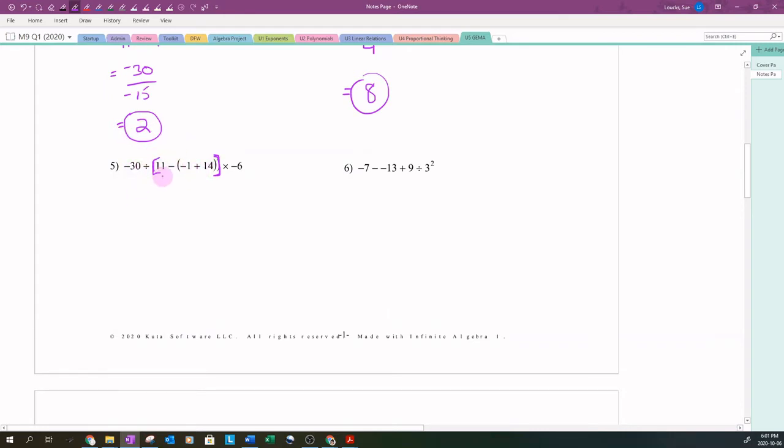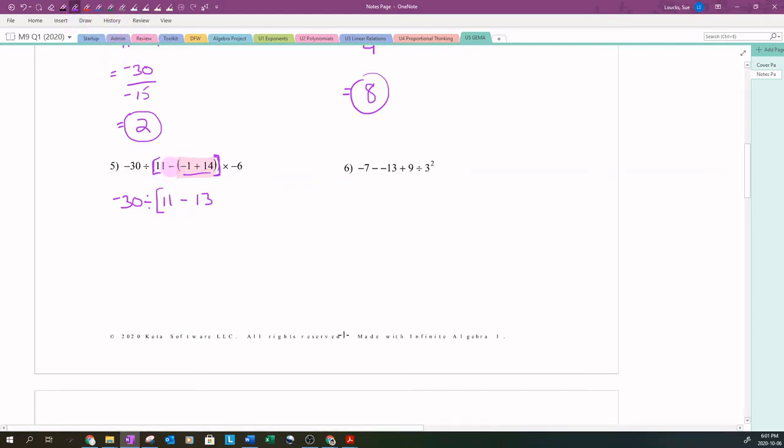That's just a convention that exists. All right. Because I'm going to be a good student, I'm going to write down everything except what I'm changing. So negative 1 plus 14 becomes 13. So I'm replacing everything, the brackets and all of that, with 13.